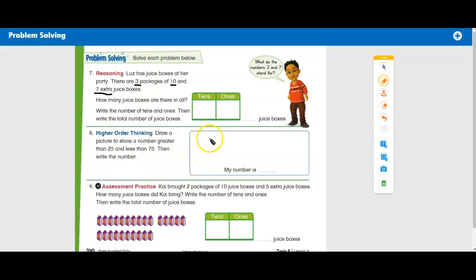To show a drawing, I am going to draw 5 tens and 7 ones.